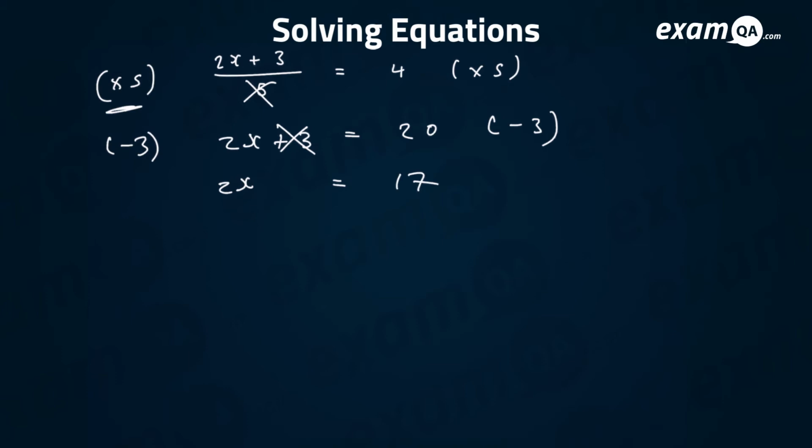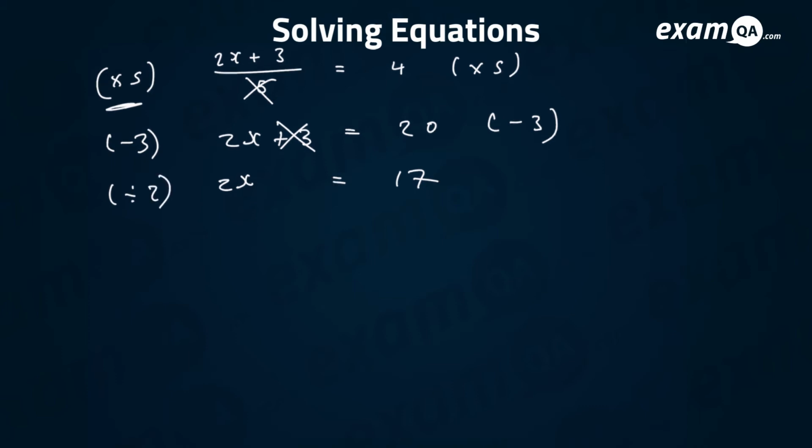Finally, how do you get rid of timesing by 2? 2x means timesing by 2. You divide by 2. Both sides, by the way. Always remember, you have to do it to both sides. So that 2 is gone. I'm left with x equals 17 divided by 2. Finish. You can leave your answer like that.